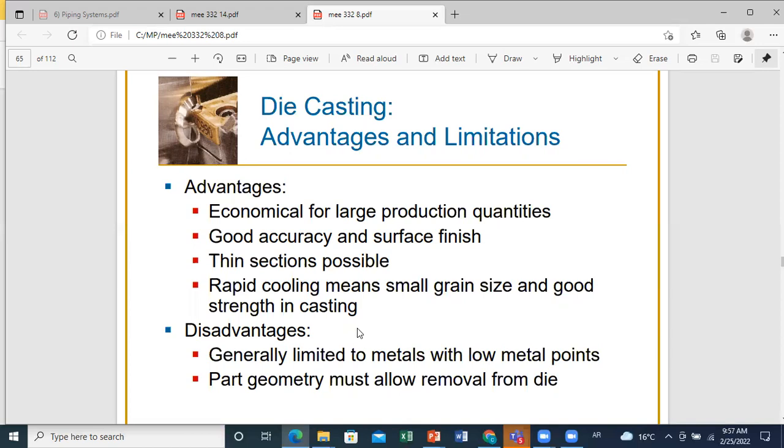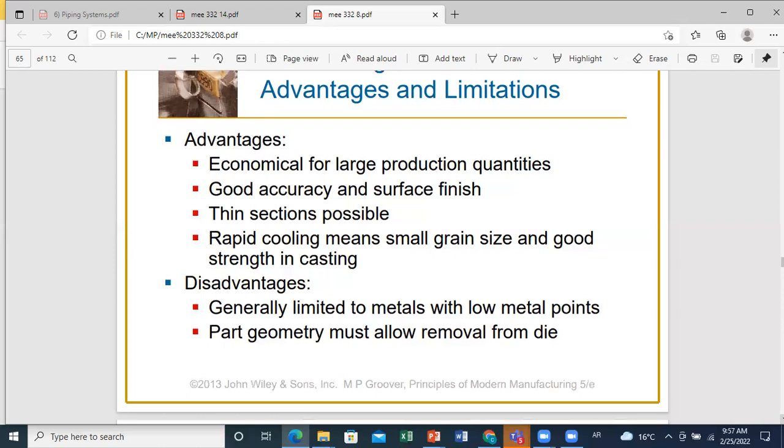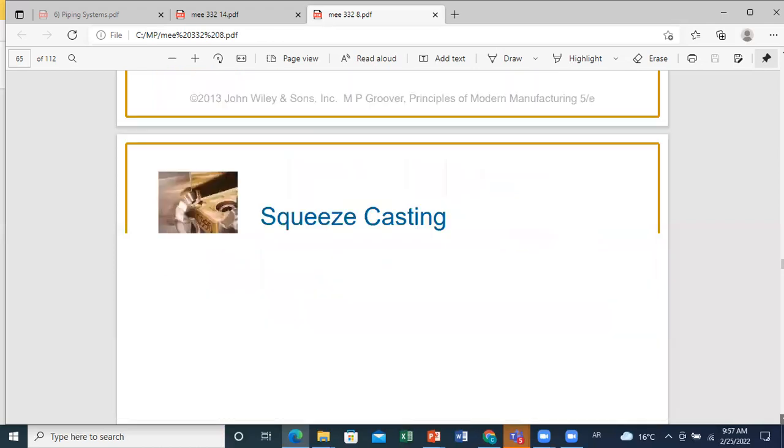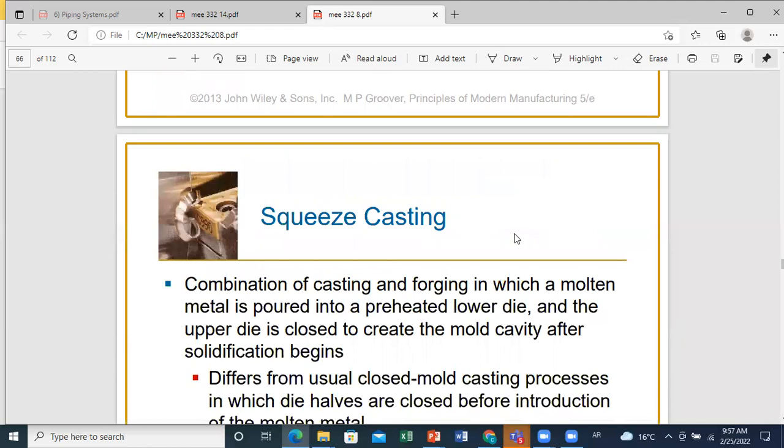Concerning disadvantages, generally it's limited to metals with low melting points, and part geometry must allow removal from the die. So we have some geometrical constraints on the parts that can be produced. So we'll stop here and we'll continue next time.